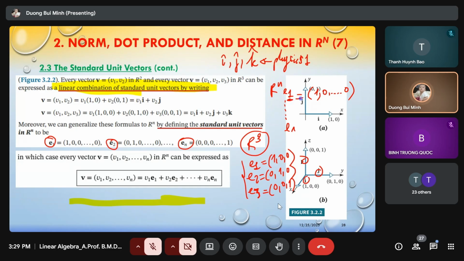The first dimension is 1, and the others will be 0. For e2, the second dimension will be 1, and the others will be 0. And for en, we have 0, and so on, to 1.